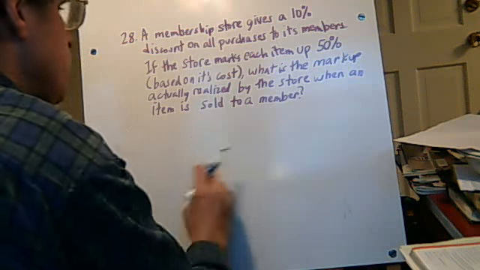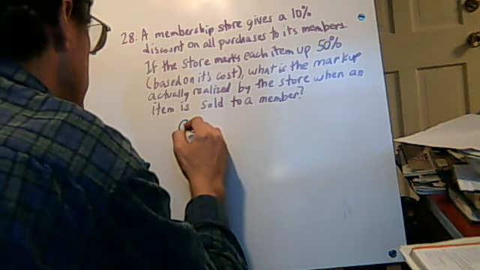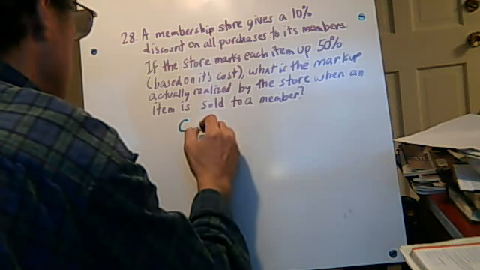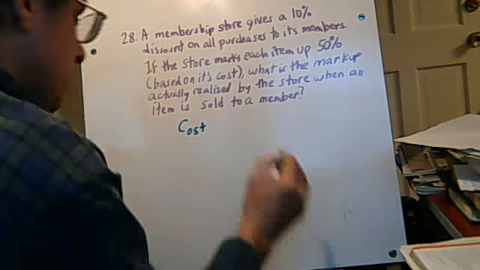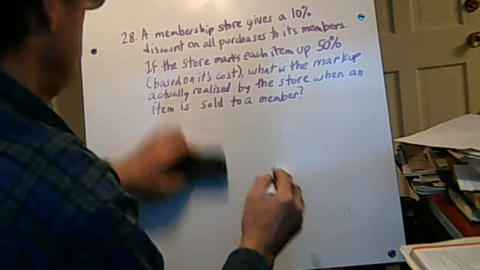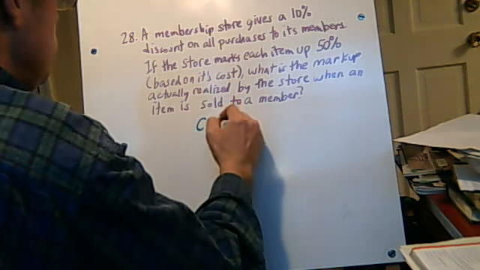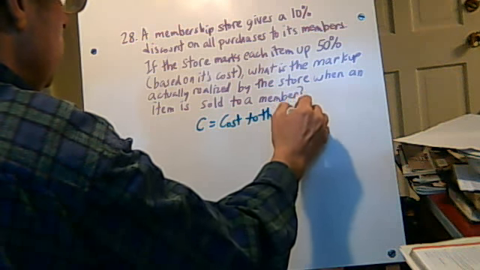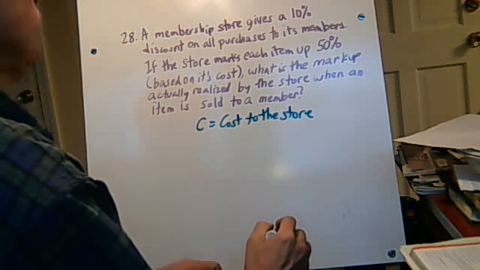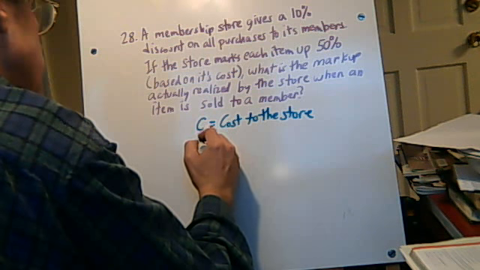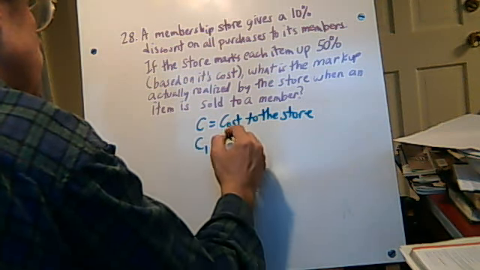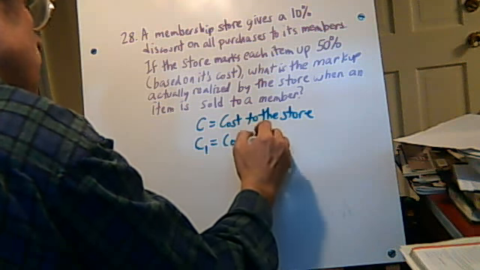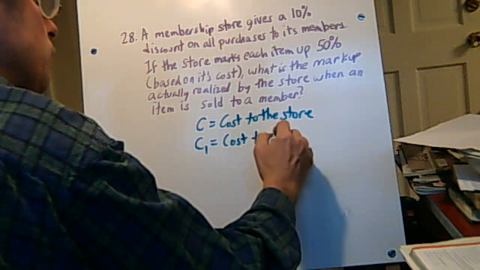So let's just say that we have cost. Let's say I want to say something like C equals cost to the store. Then I want to say something like C1 equals cost to customer.